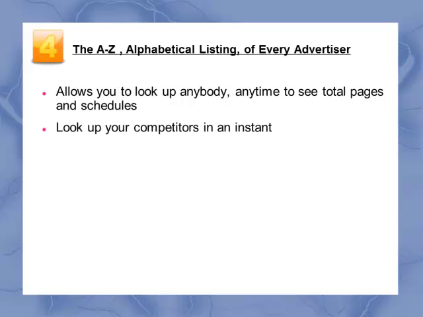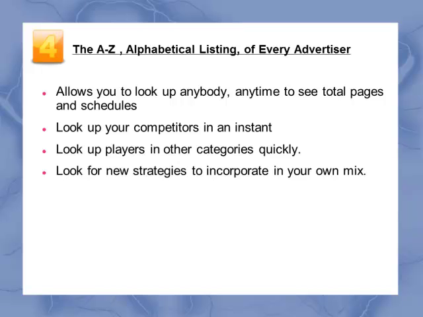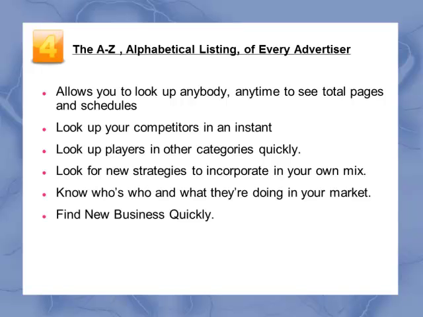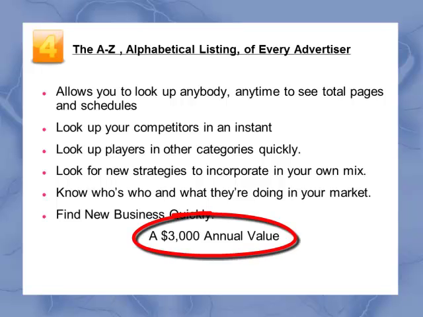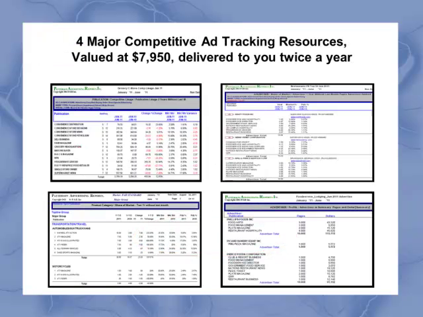Look up your competitors in an instant. Look up players in other categories quickly. Look for new strategies to incorporate in your own mix. Know who's who and what they're doing in your market and find new business quickly. A $3,000 annual value.